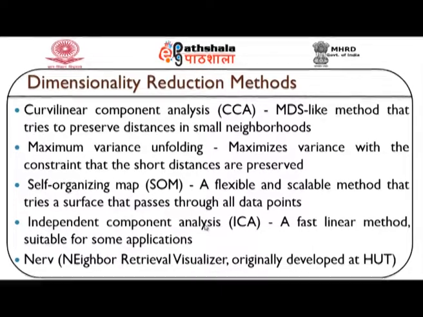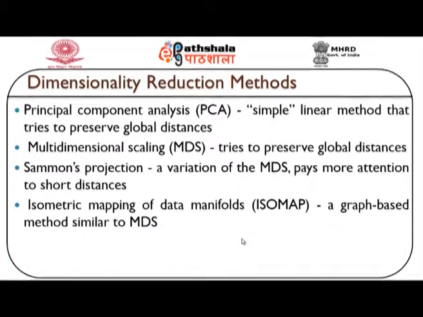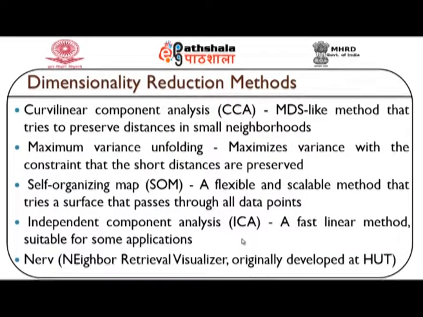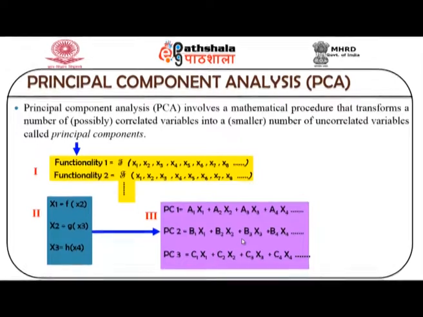Next, we have the self-organizing map or SOM, a flexible and scalable method that fits a surface that passes through all the data points. Then we have independent component analysis or ICA, a fast linear method which is suitable for some applications to reduce the dimension. Then we have NeRV or the neighbor retrieval visualizer, which was originally developed at HUT. So, these are certain dimensionality reduction techniques, and now let us have a look at various dimensionality reduction techniques in detail.